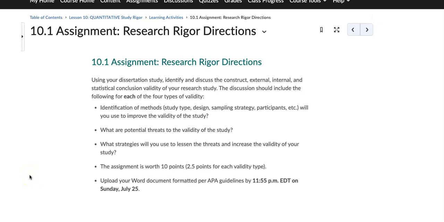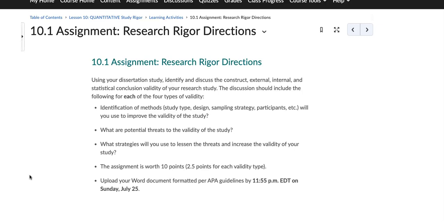So you do have an assignment this week. We're going to look at these four different types of validity: internal, external, construct, and statistical conclusion validity. Sorry, I lost my thought for a second. So at this point, you're going to go through the directions. You're going to look at your study design, your sampling, how you're going to figure out how to recruit your participants.